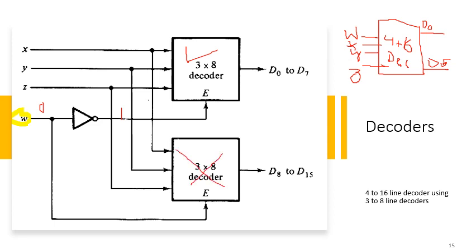So the 3-bit code is being reflected on D0 to D7, and if we switch the value of W to 1, then this decoder is disabled, this is enabled. Now this 3-bit code is being reflected at D8 to D15. So we can implement a 4 to 16 line decoder by using 3 to 8 line decoders as well.